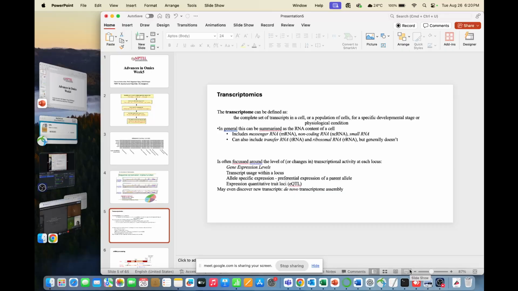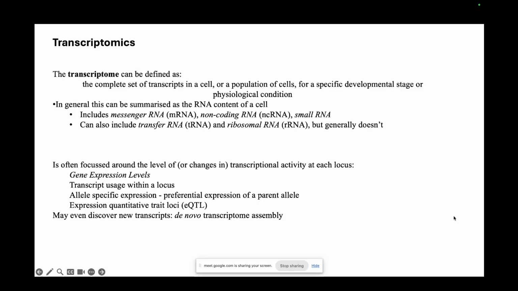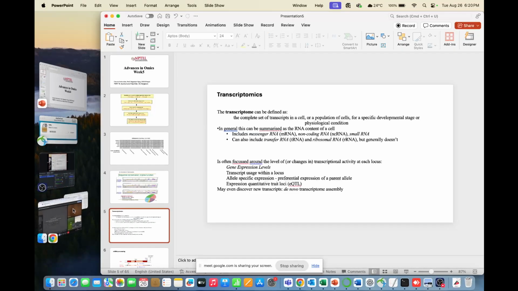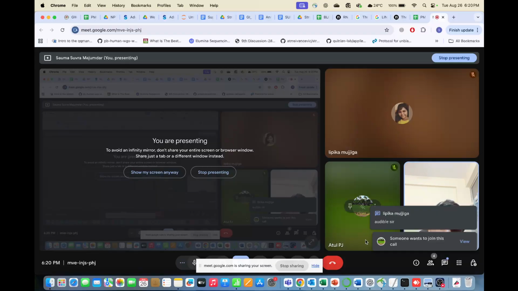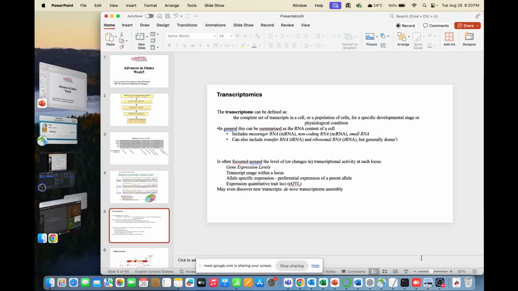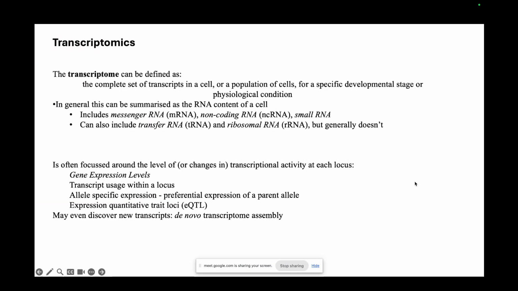Okay. So these are very important things: EQTLs and allele specific expression and so on. So the idea is that you have the whole gene, and then say for example, you have one position mutated in the gene, right?